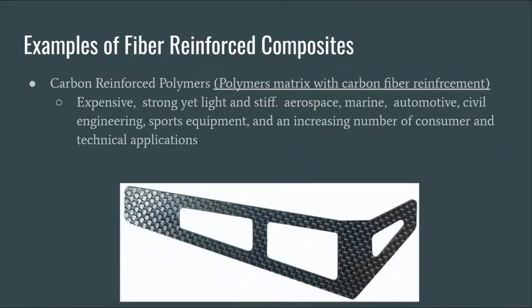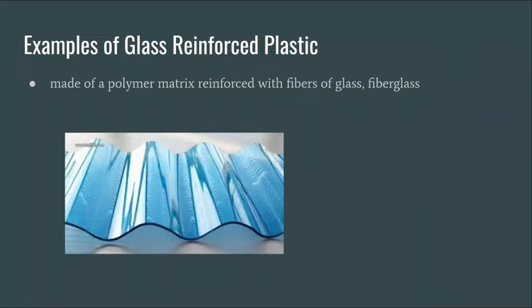So we already covered this stuff in the last video, but we will go to glass reinforced plastics right now. So some other composites are glass reinforced plastics, and they are made of a polymer or a plastic matrix reinforced with fibers of glass.